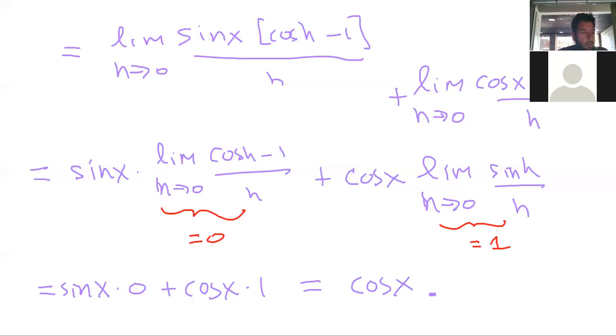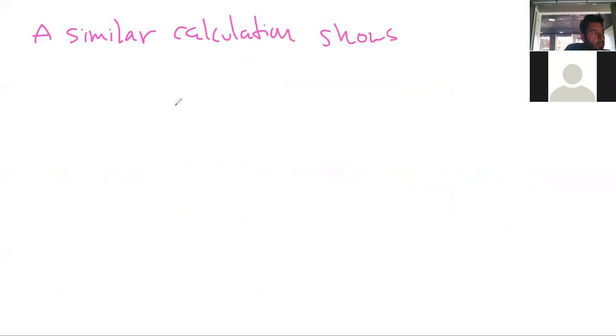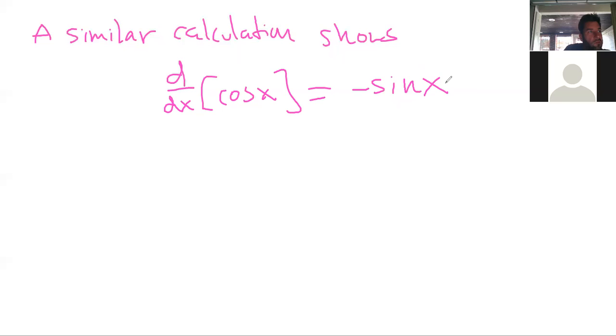So let's make another note, which is super important. A similar calculation shows this beautiful formula, that the derivative of cosine is actually negative sine.